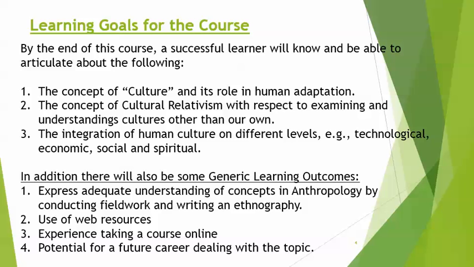In addition, there'll be some generic learning outcomes. You'll be able to understand and experience anthropological fieldwork and writing and ethnography, use of web services, and experience taking a course online.